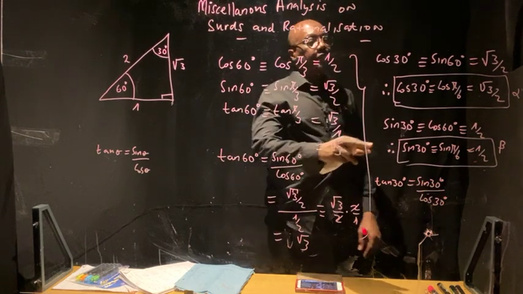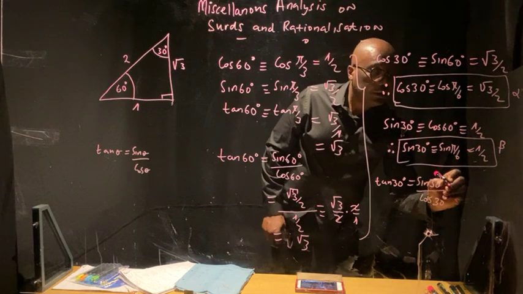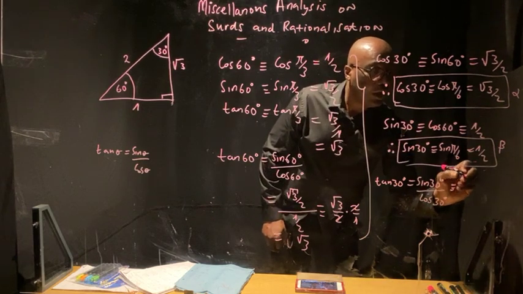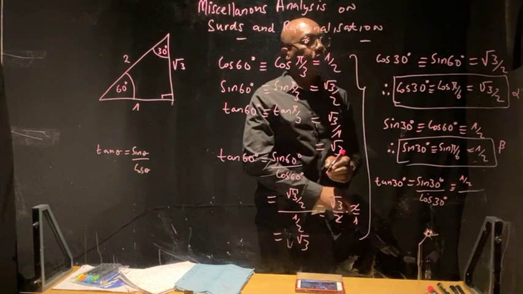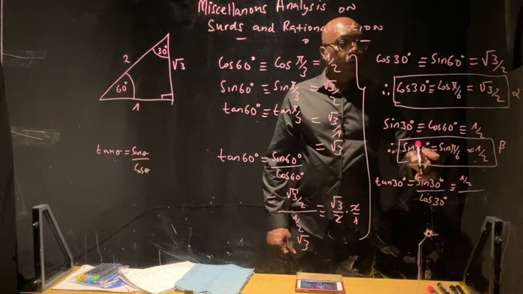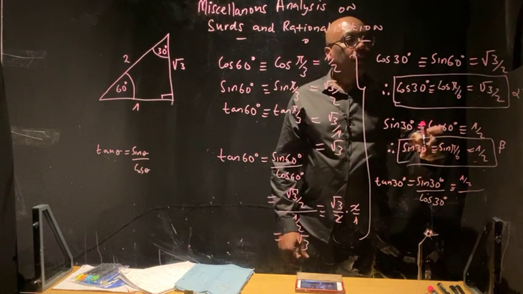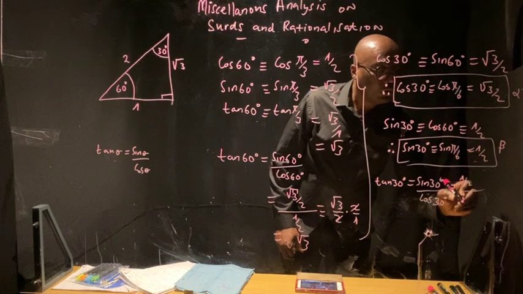But what is sine 30? Sine 30 is equal to half. And what is cos 30? Cos 30 is equal to root 3 over 2.